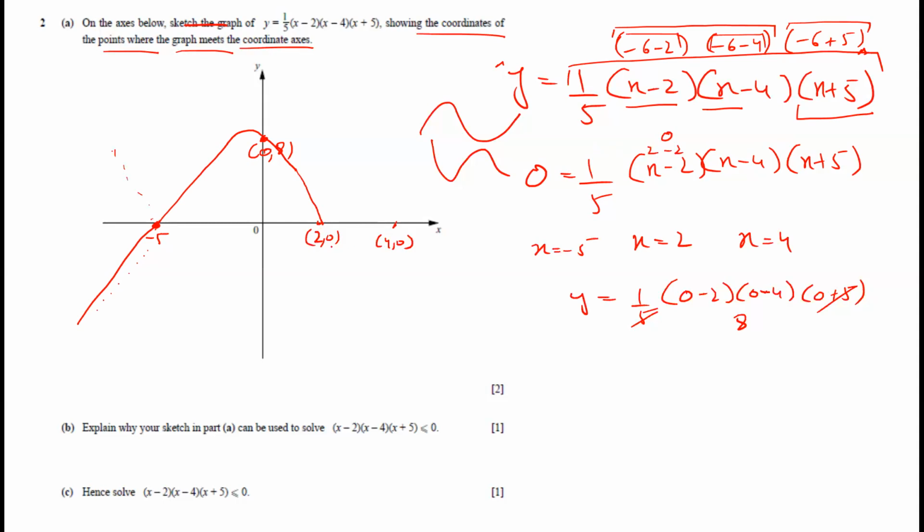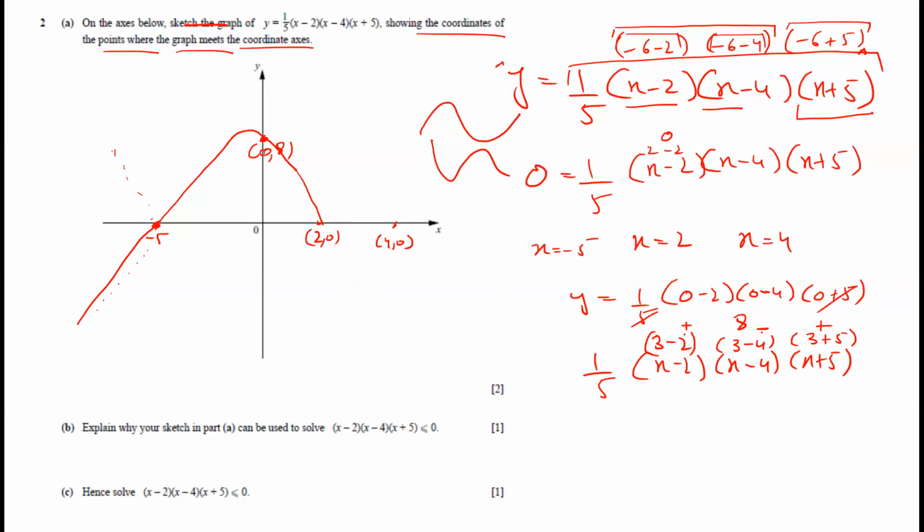Now imagine that you are in between 2 and 4. Again, y equals 1/5 (x minus 2)(x minus 4)(x plus 5). Let's suppose we have the number 3. So 3 minus 2 is a positive number, 3 minus 4 is a negative number, and 3 plus 5 is also a positive number.